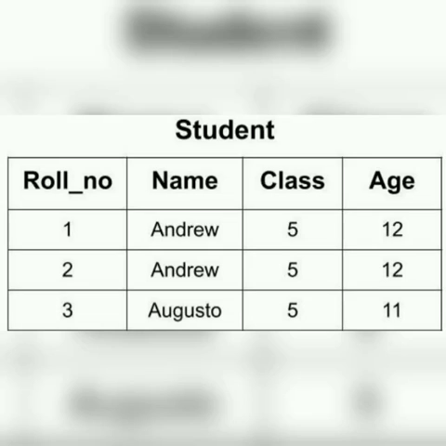If we take the student list, in that list we may have students with a similar name and similar details. So if we need to identify a particular student specifically, we can use this key attribute. The roll number of each student will be unique.